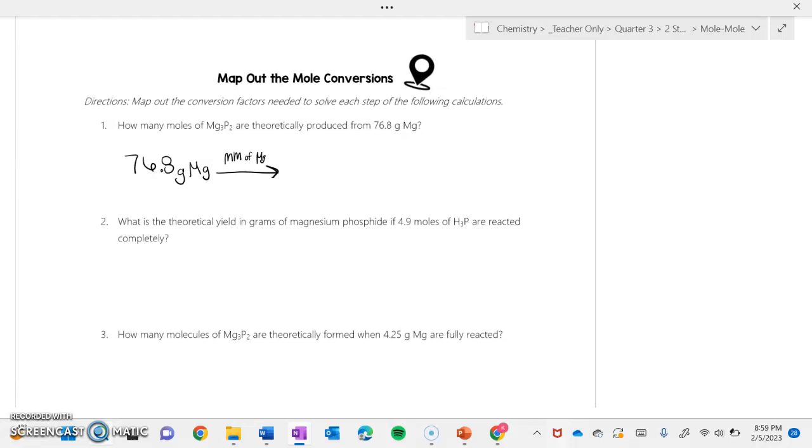And if we use molar mass, that will get us to moles of magnesium. But our question wants us to have moles of Mg3P2, which is a different compound. So we will need to use a mole ratio to change from one compound to the other, and then that will give us our moles of magnesium phosphide. So there's your map, okay?